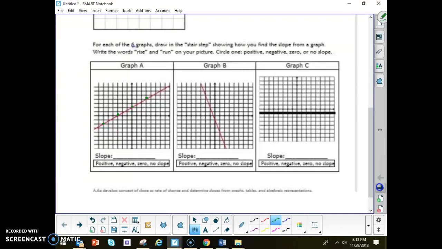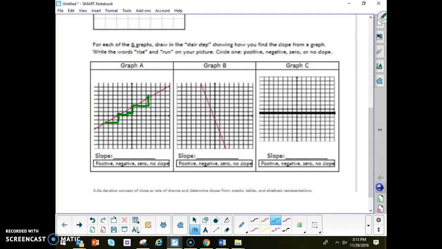So here are your points, and you make a stair step. Whoops, got a nasty little stair step here. Wrong. We have this point and this point. So it goes here, and then it goes here.